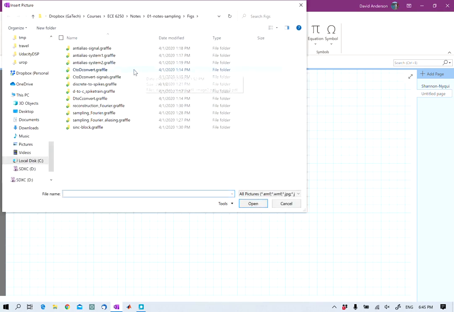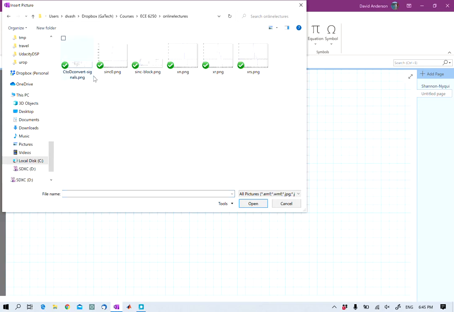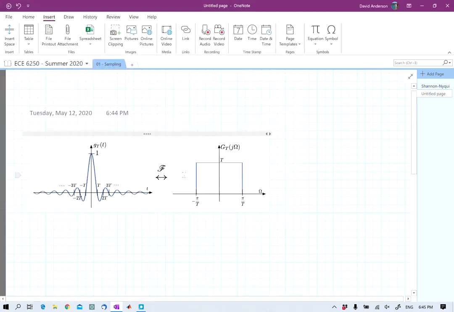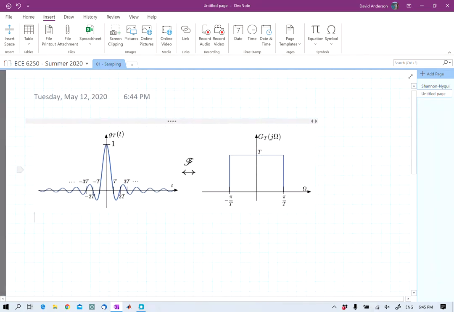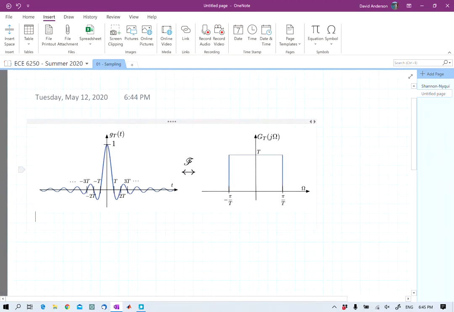I'm going to add a picture to this. Let's see, picture, online lectures. Let's start with sinc block. Okay, so here's our sinc function. And it turns out that the Fourier transform of the sinc function is a rectangular box here.